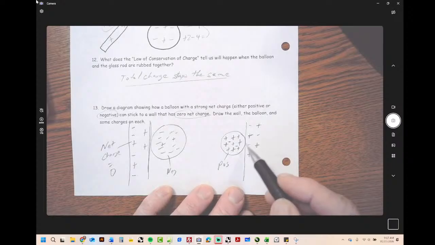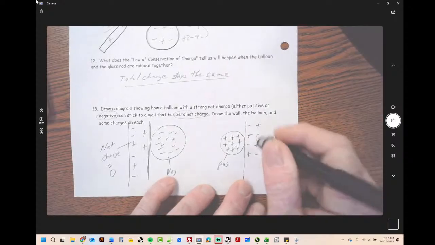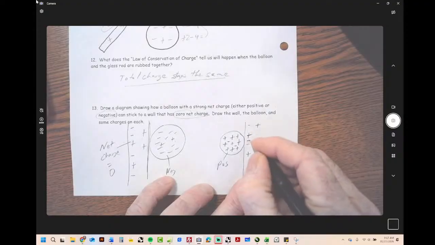What's going to happen here is these other negative charges, which are way back deep in the wall, they're going to get pulled over toward the balloon. So your diagram could look like this.